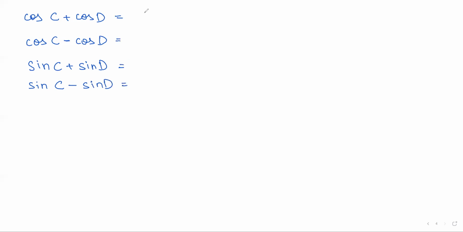So cos of first angle plus cos of second angle. What happens here is two terms get converted into a single term. This is equal to 2 times cos of the average of the two angles. You're adding the two angles and dividing by 2, multiplied by cos, because this is cos, of first angle minus second angle divided by 2.